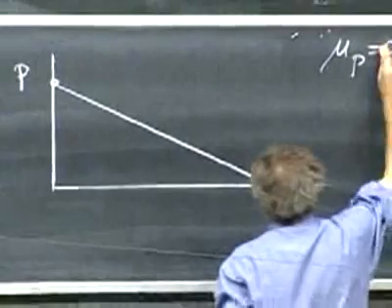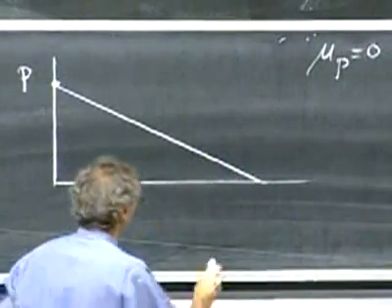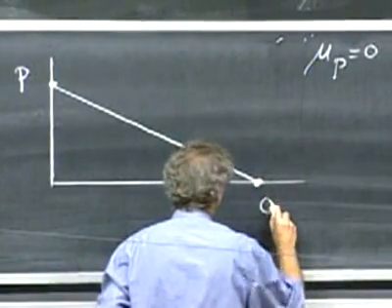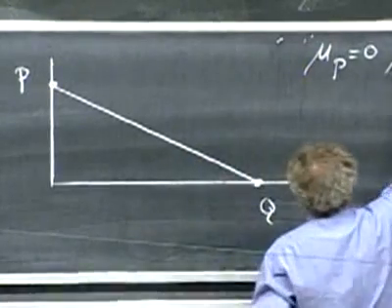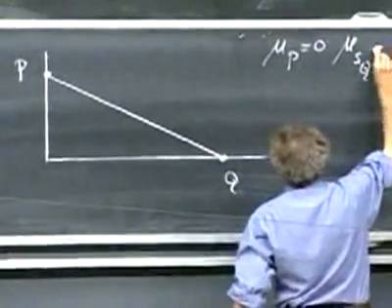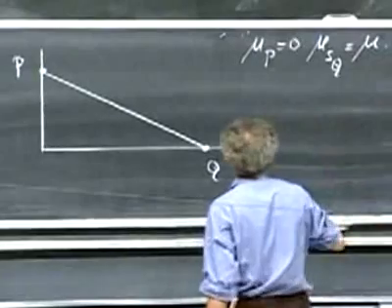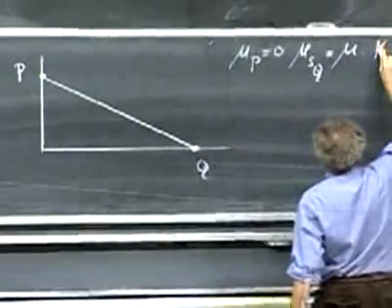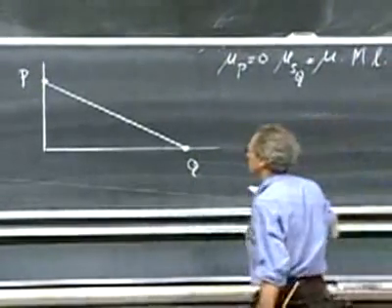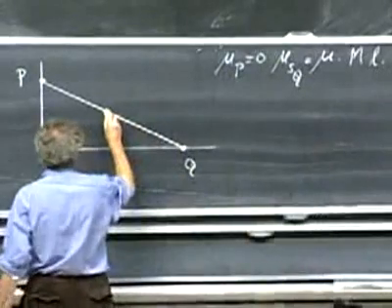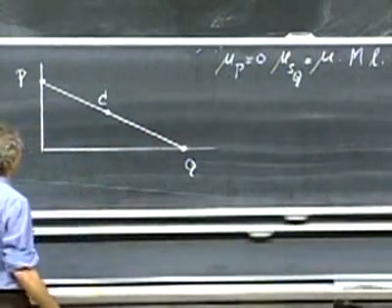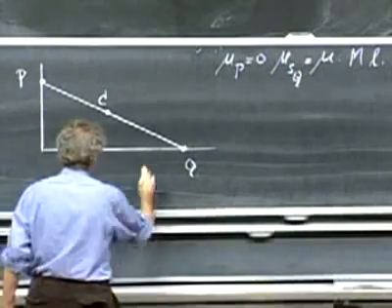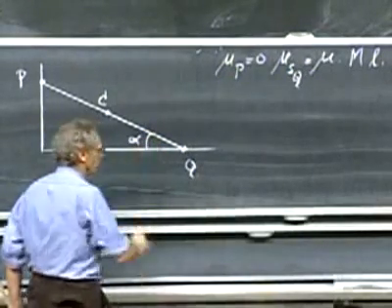Mu of P is 0. At point Q here, where it's resting on the floor, there is friction. The static friction at point Q, we'll simply call that mu. The ladder has a mass m, and it has a length L. So here is the center of mass of that ladder, right in the middle. And this angle equals alpha.